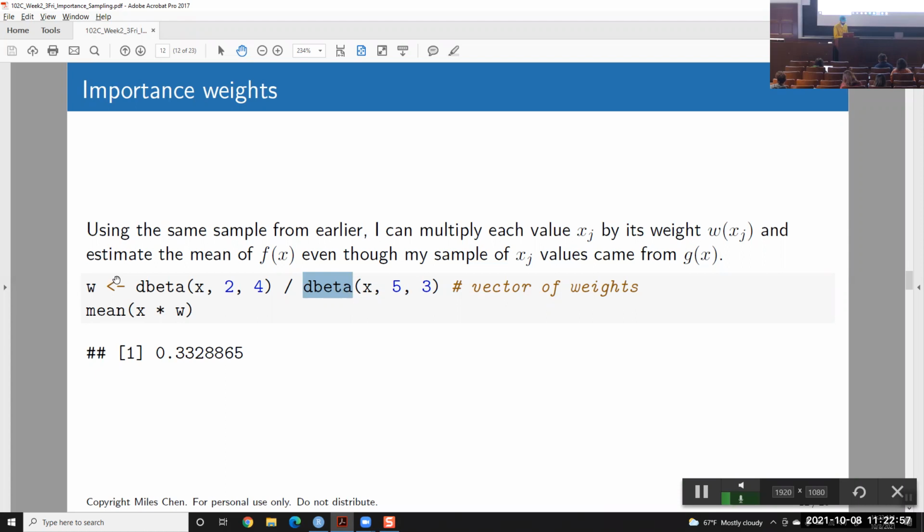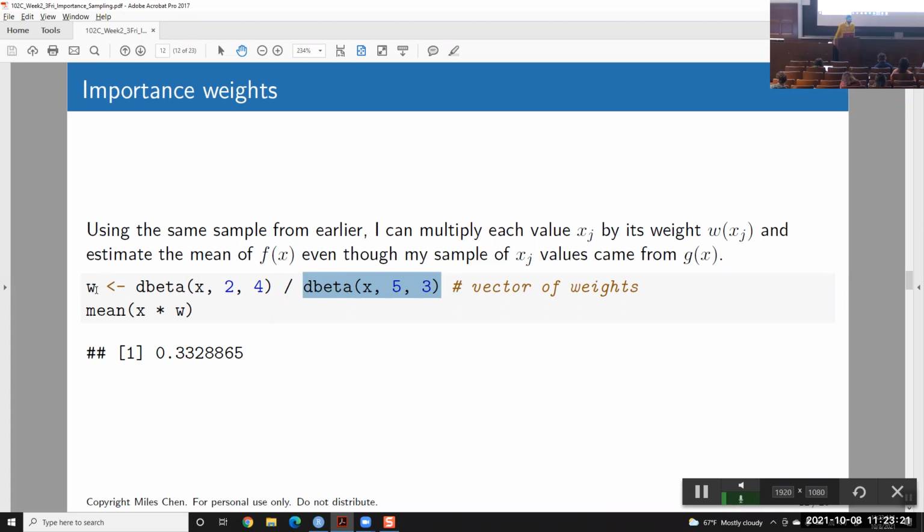So this would be my vector of weights. I've got 100,000 random x values drawn from this beta distribution, and I'm going to calculate 100,000 weights, one for every single x value I've drawn.